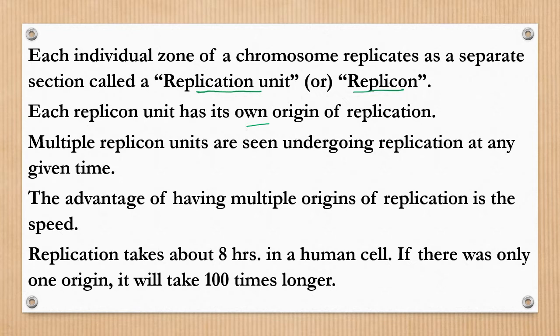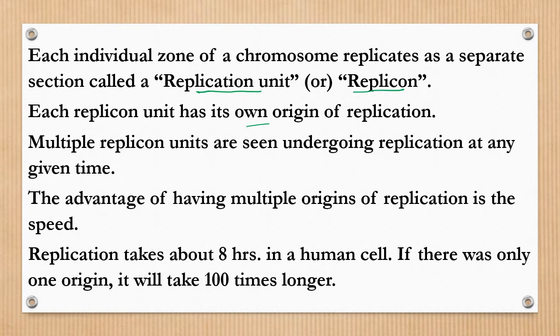Multiple replicon units are seen undergoing replication at any given time. The advantage of having multiple origins of replication is the speed of the replication process.